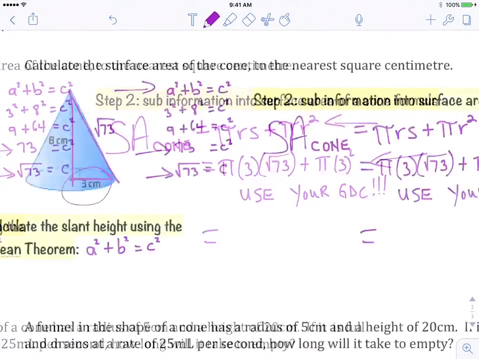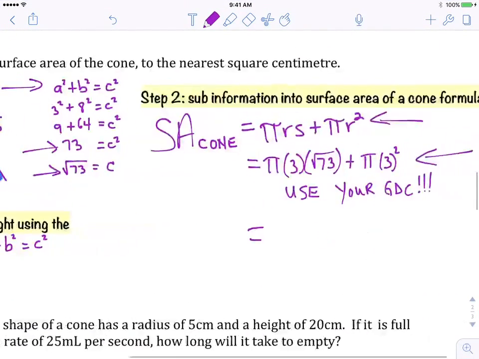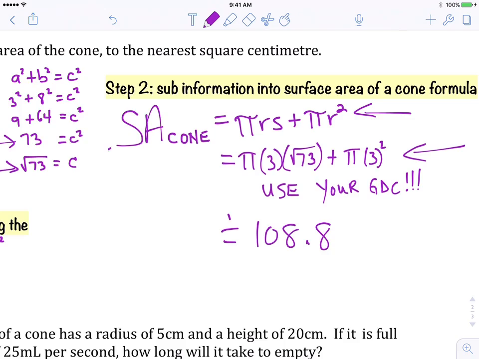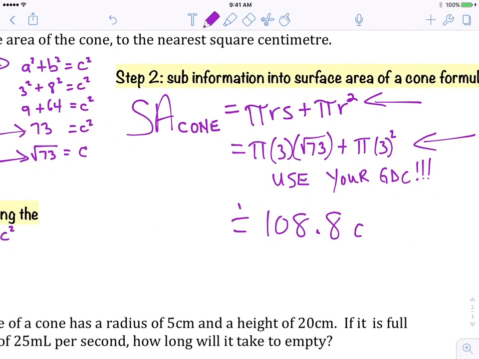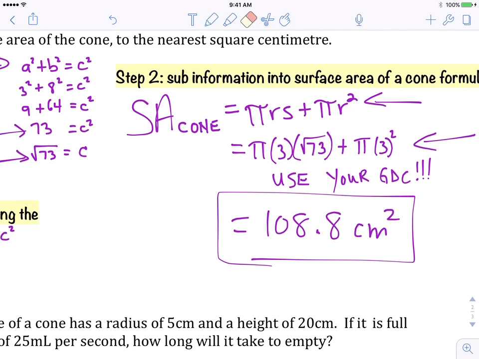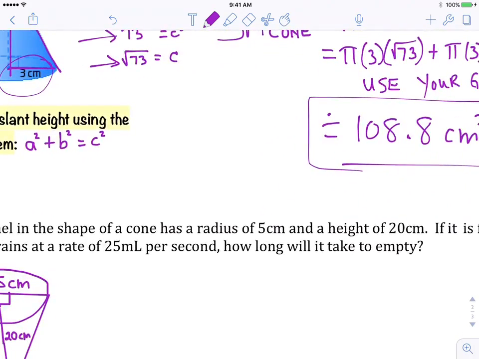So I'll put a little dot above my equal sign and say approximately 108.8. And because we're calculating the surface area and we're given units that are centimeters, we'll say 108.8 square centimeters. And that's it. That looks more like a line than it does a dot, doesn't it? Okay, there we go. 108.8 square centimeters.